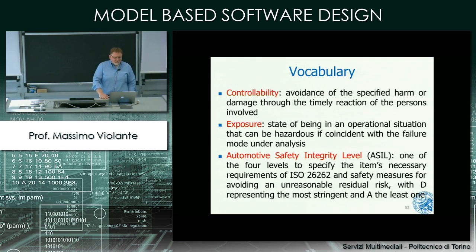The ASIL is made of 5 levels. We have QM, that stands for quality measures. It means that the item is not risky at all. If we have a failure there and the item is no longer able to produce the expected functionality, who cares? Nobody will die out of that. It is just a matter of the quality that you perceive out of your item that is deployed in your vehicle.